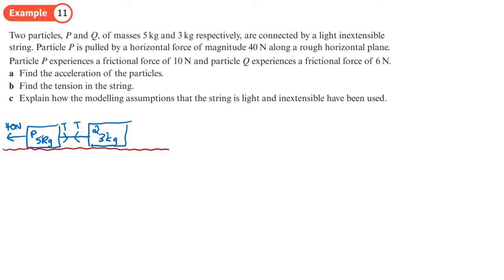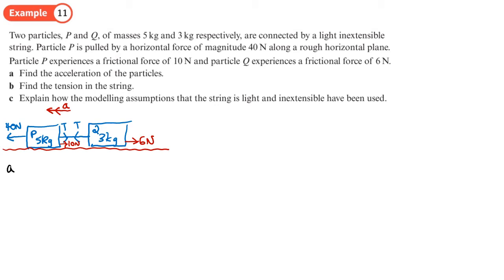Particle P has a frictional force of 10 newtons. So let's put that in there, 10 newtons. And Q has a frictional force of 6 newtons. There we go. There's my diagram. It's going to be accelerating in that direction, the direction of the pulling force.